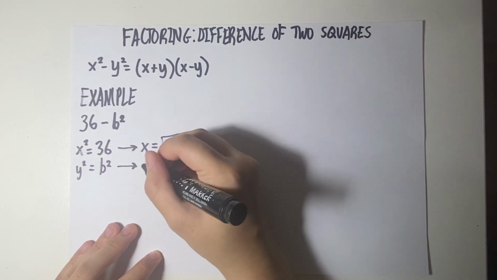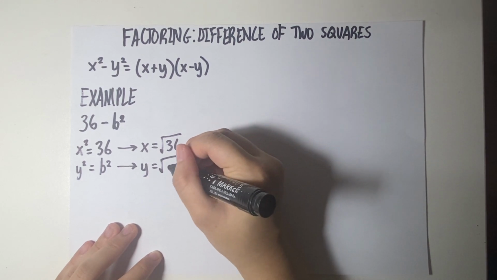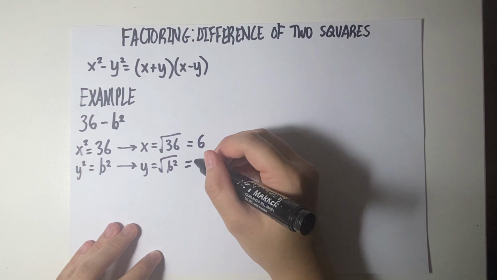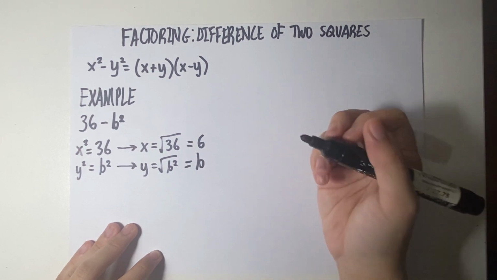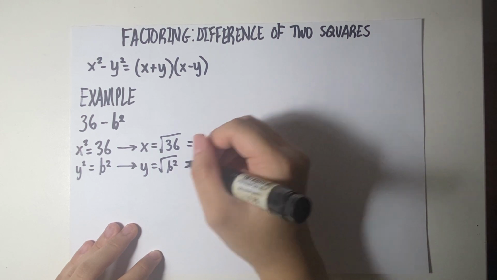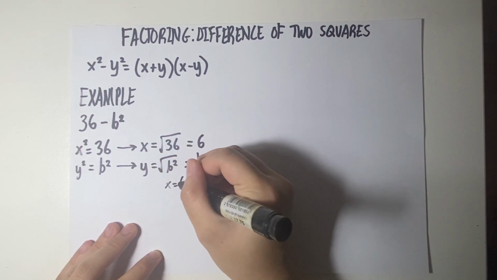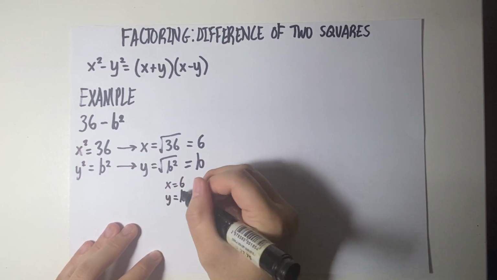Following that, y is equal to the square root of b squared, and of course the square root of a number multiplied by itself is just the number, so b. Therefore our x in our example is equal to 6, our y is equal to b.